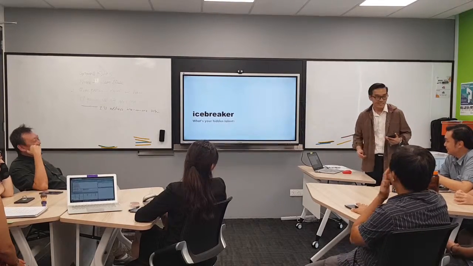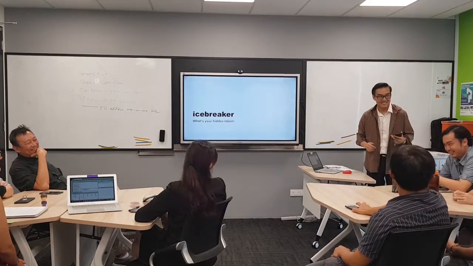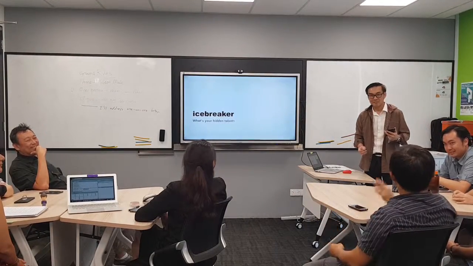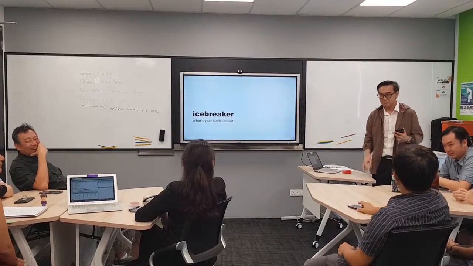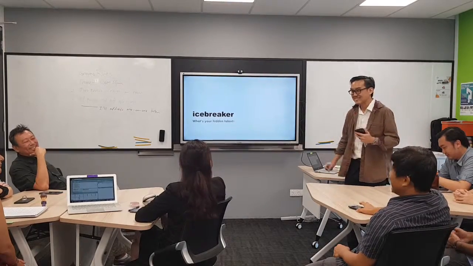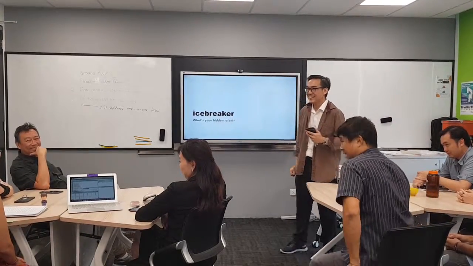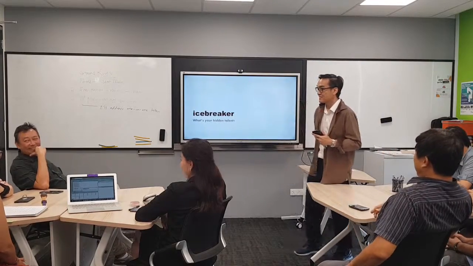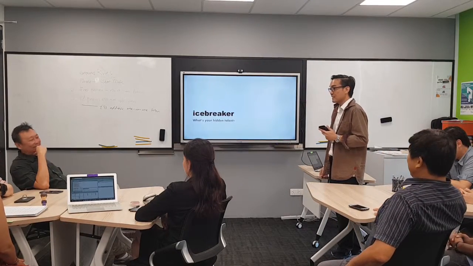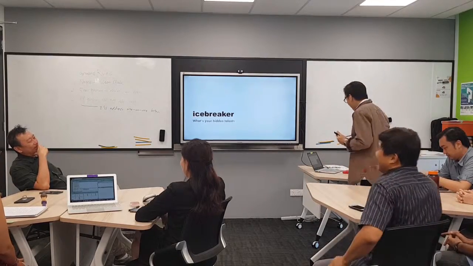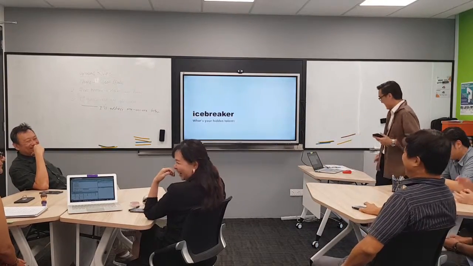I cannot cook. I can sing. I like to attend your class. I cannot read English. Okay, that's a hidden talent. I can paint. I'm lazy, but I swim better. Okay, swimming. I can cook instant noodle very well. Okay, that's a very great hidden talent.